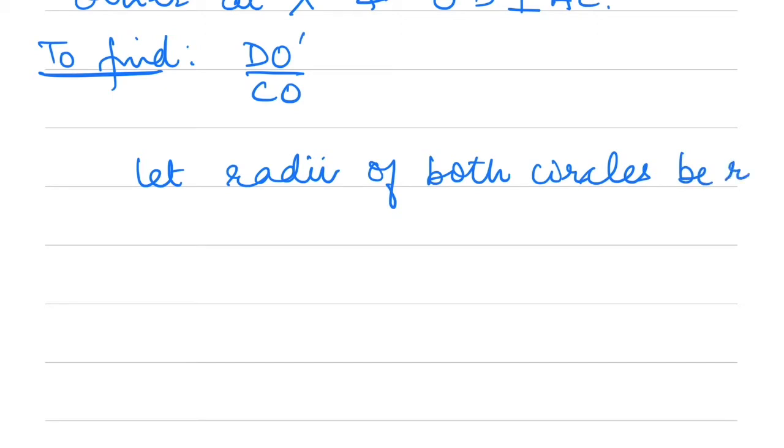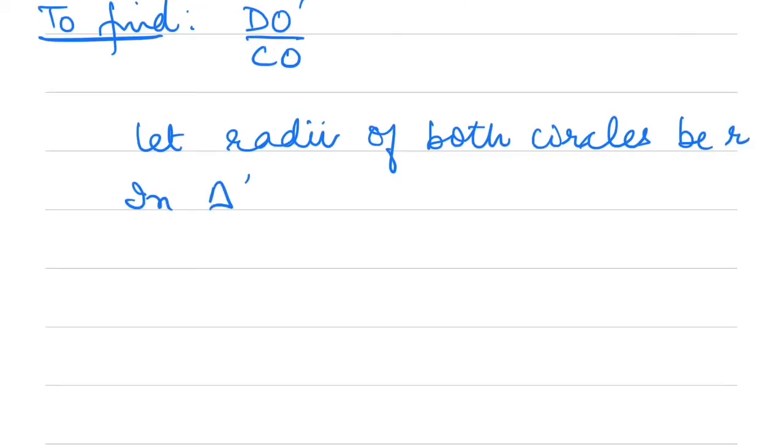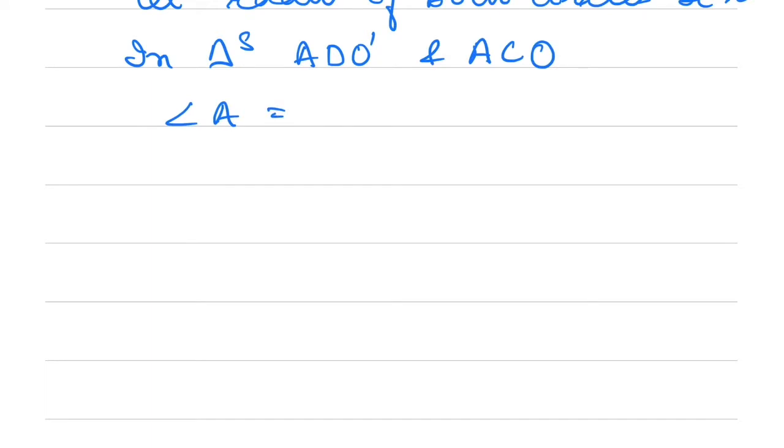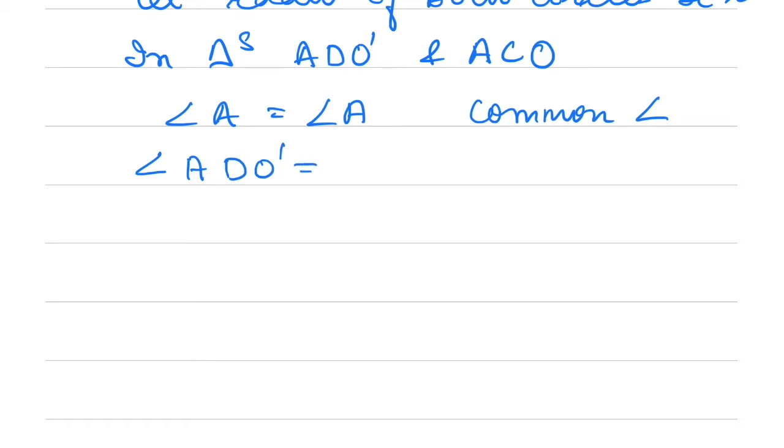In triangles ADO dash and ACO, we have angle A is equal to angle A because that's the common angle, and angle ADO dash is equal to angle ACO.